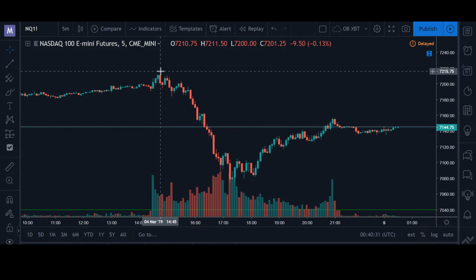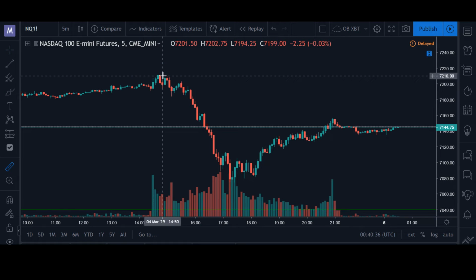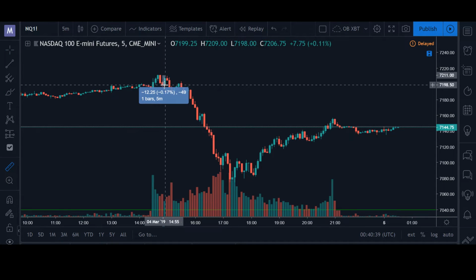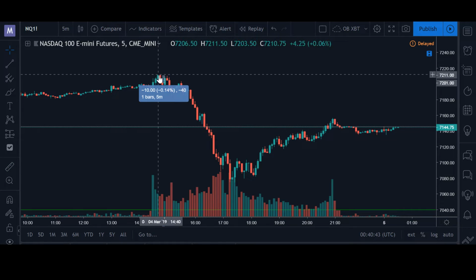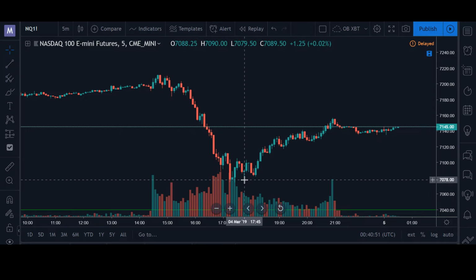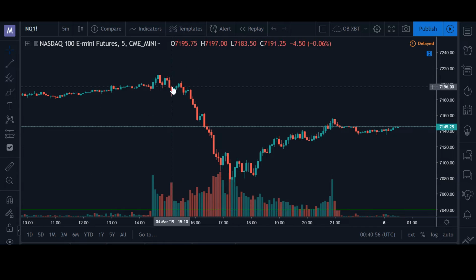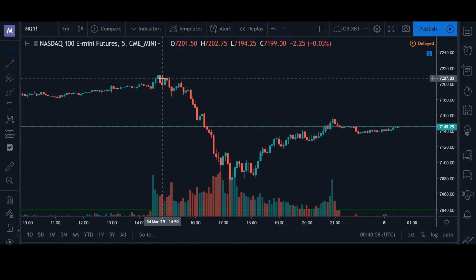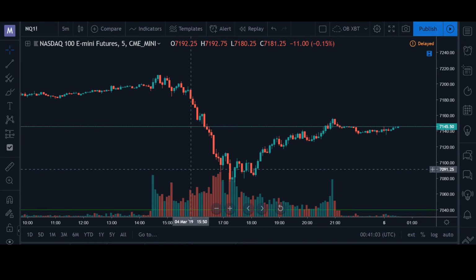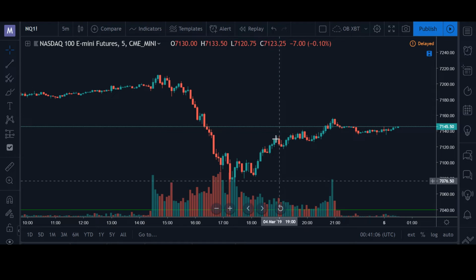If you're new to futures, each $10 move is worth $200 on one contract. So today, just off of one contract, you could have made almost 150 points, whatever 15 times 200 is. That's how much profit you could have made just by trading the trend on this initial move.